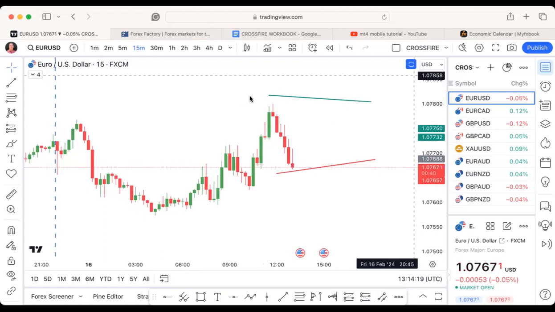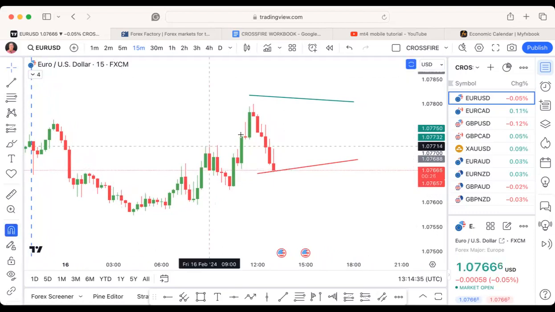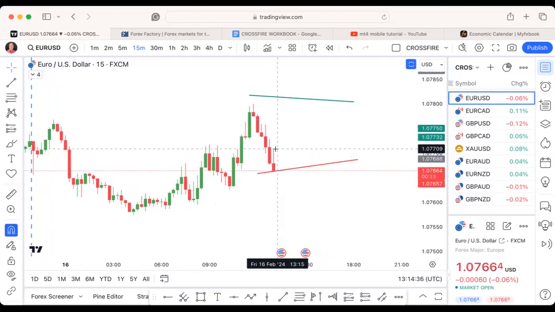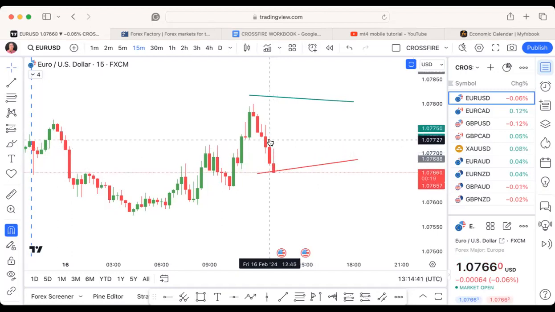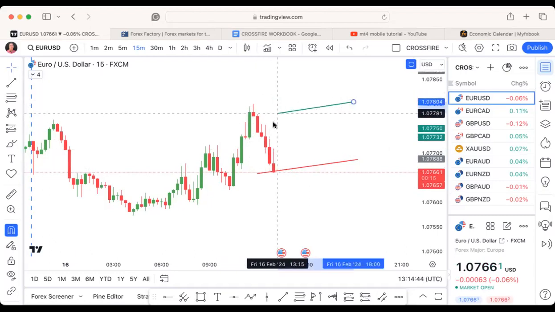So we are now at 13:14, so we'll just wait. This is the 1 o'clock candle, and I'm waiting for this to close. There's about 30 seconds. In the meantime, I can switch on the magnet tool and look at the top of the wick of this 1 o'clock candle and look left, and I can see that that is obviously the nearest higher candle.